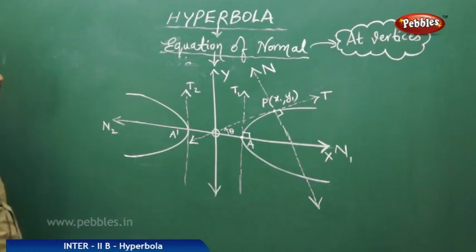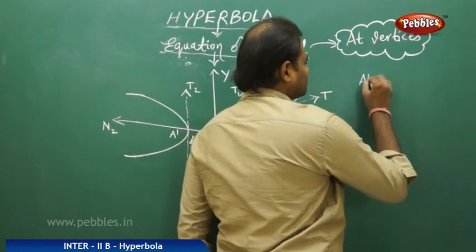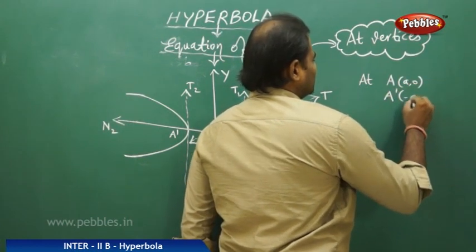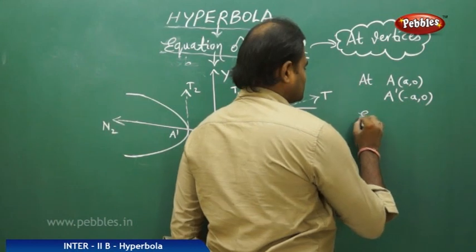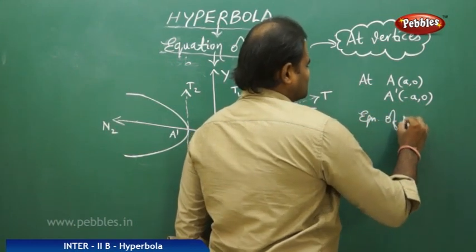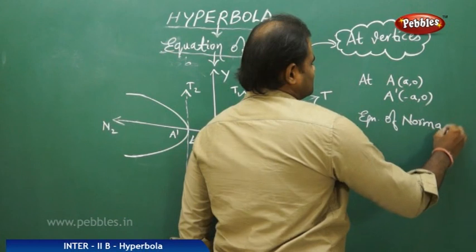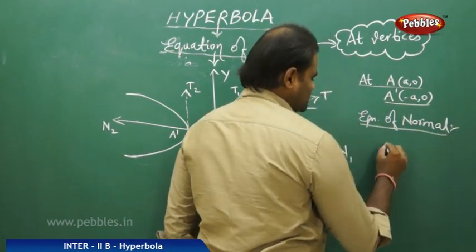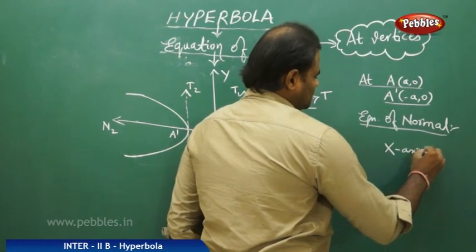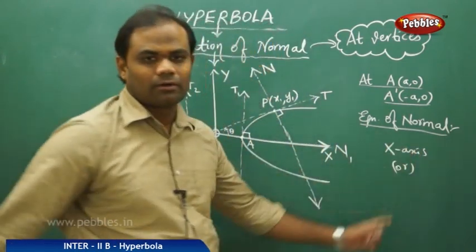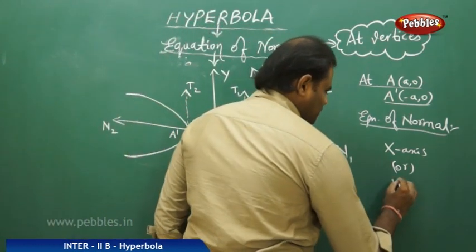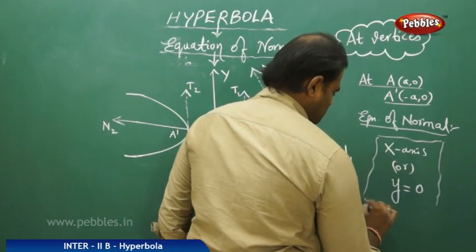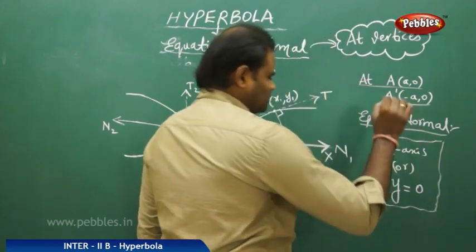Therefore, the exceptional case is that at A(a, 0) and A'(-a, 0), the equation of normal is the x-axis, or the equation of the x-axis being y equals 0.